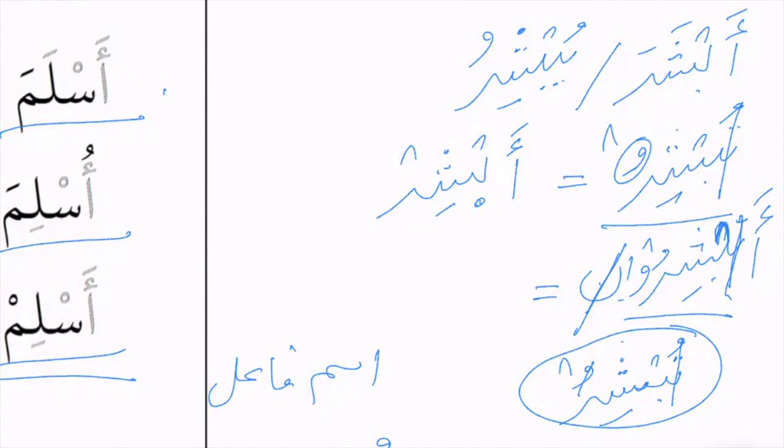Whenever we are ending on this oo sound, yes, we need to give them sukoon, and this is how we are done. And then we need to bring a helper alif if we need. But the ones ending on noon, whenever they are ending on noon, we always drop the noon to make them majzoom. So this is what is happening in tubshiruna. Okay, are you clear, Alkans, now?